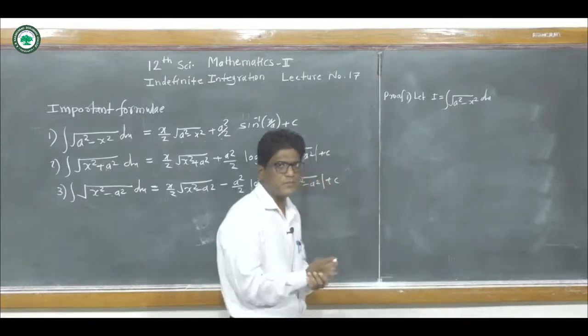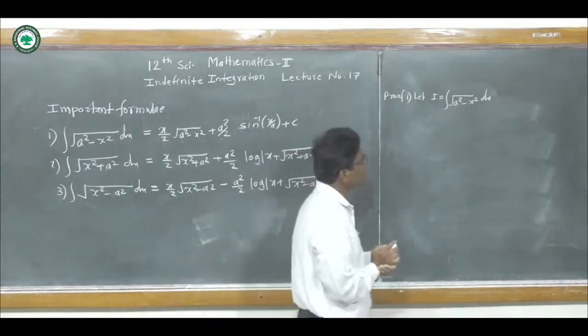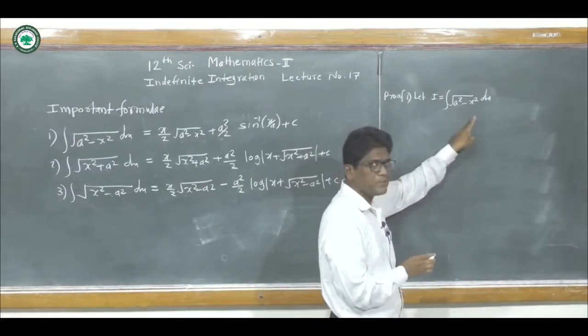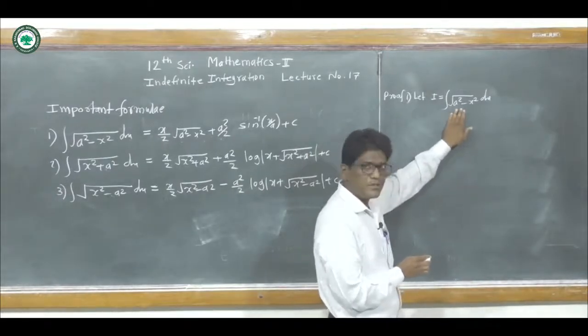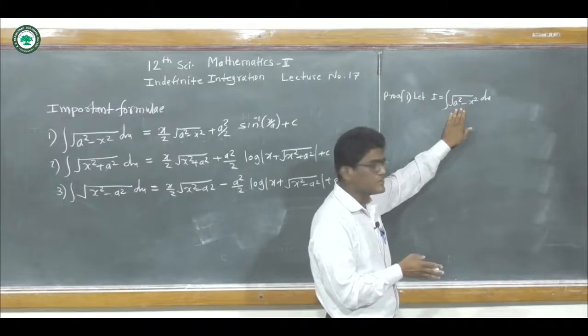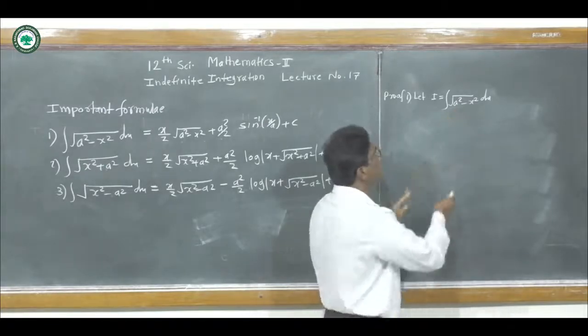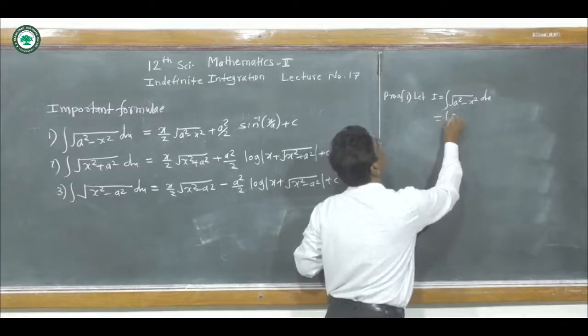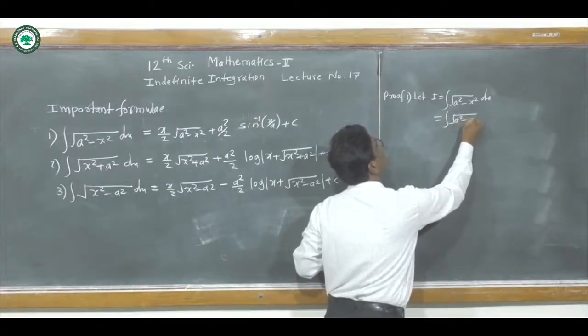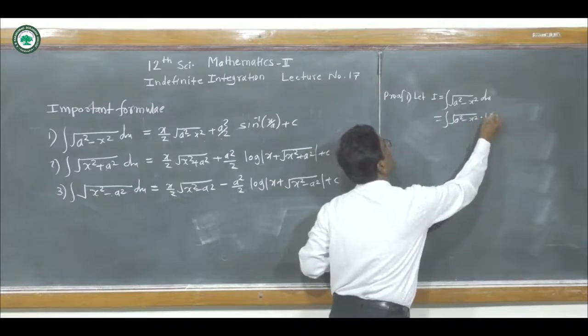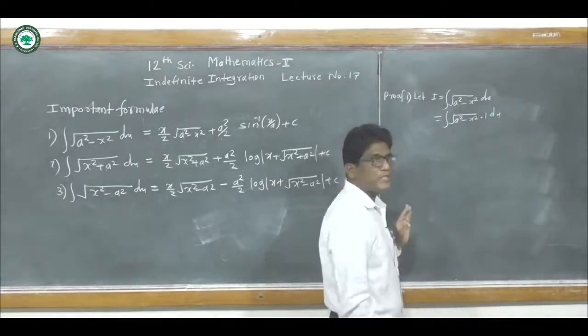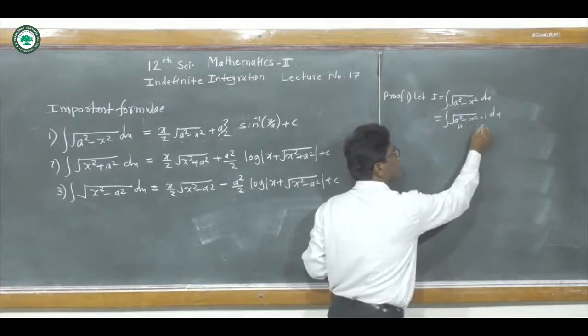So what is the second function? Here we cannot take integration directly, so this function is not easily integrated. So here we take integration of root of a square minus x square into 1 dx, and we consider this as u and this as v.